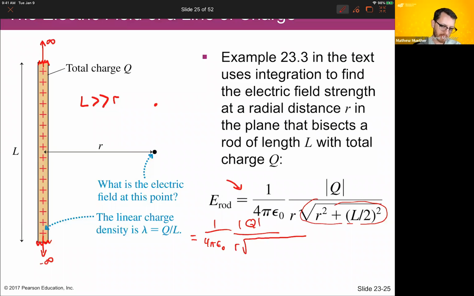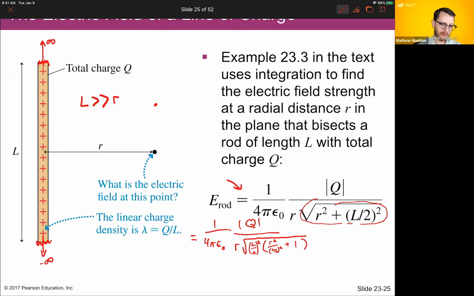So I end up with something like L over 2 squared times R squared divided by L over 2 squared, plus 1.